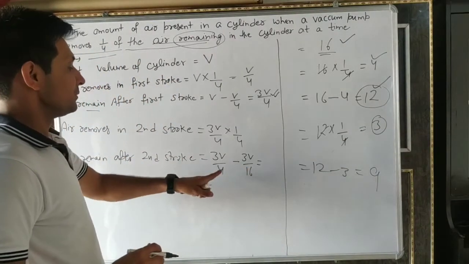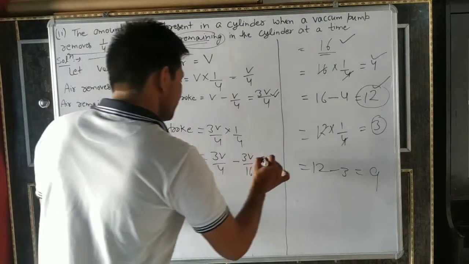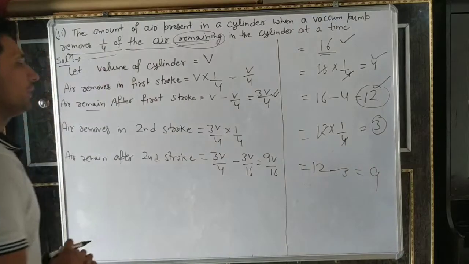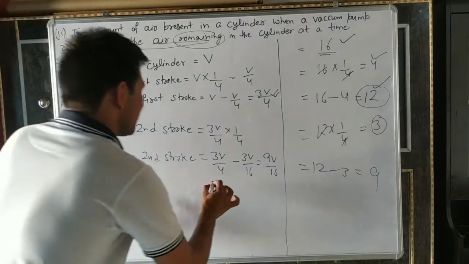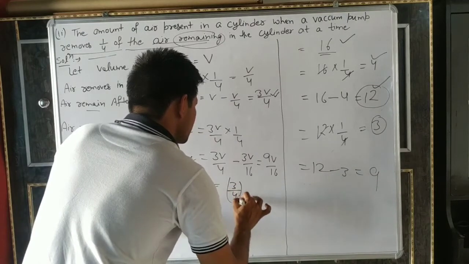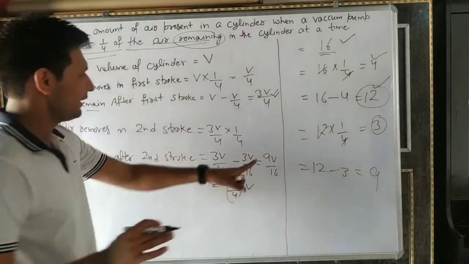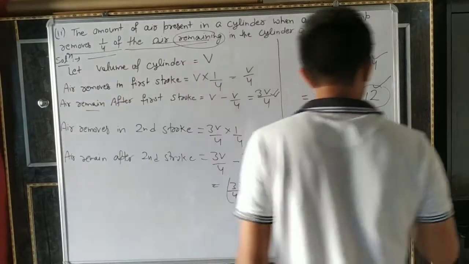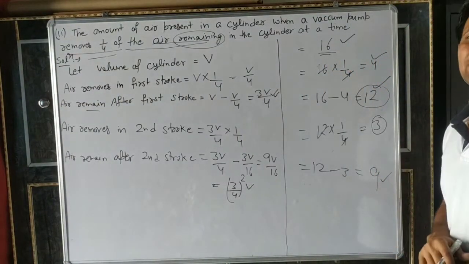It becomes 9V/16. Otherwise you can write it as 3/4 squared into V, because 3 squared is 9 and 4 squared is 16. Now 9 already remains, so you can check it, dear.